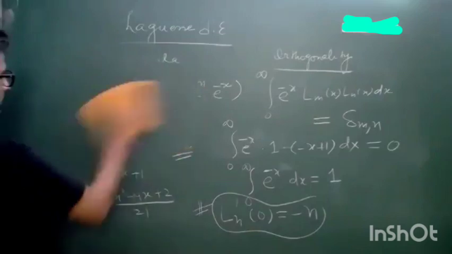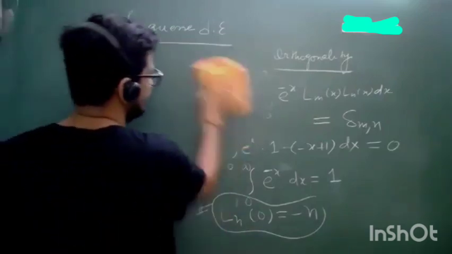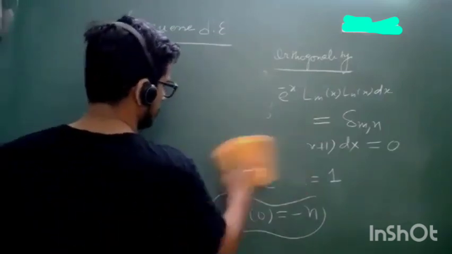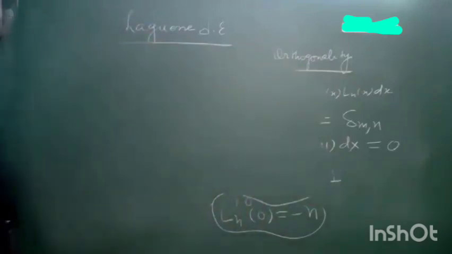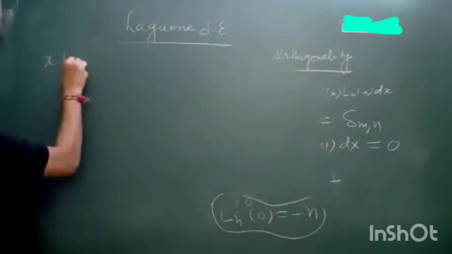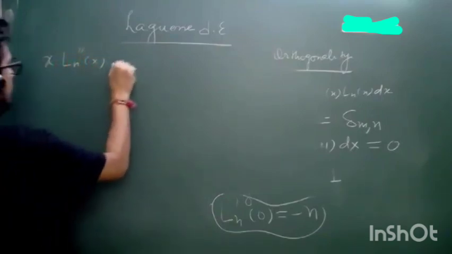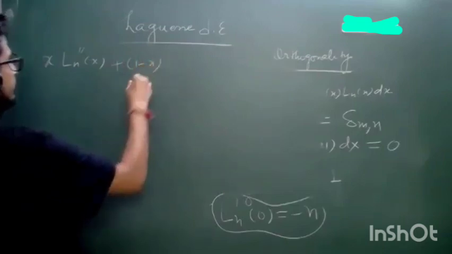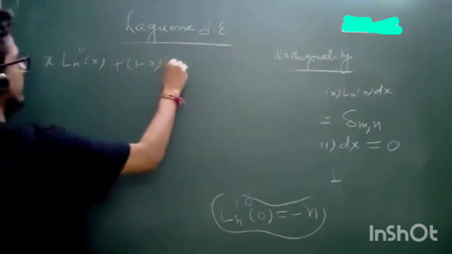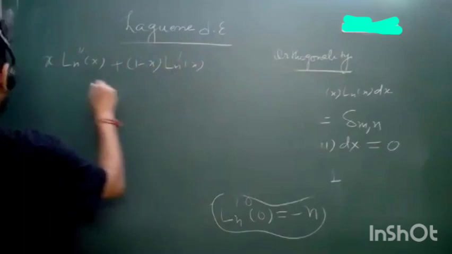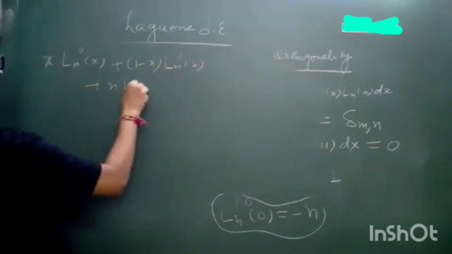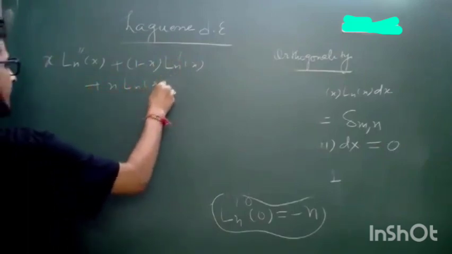So what is the Laguerre differential equation? x Ln double dash plus 1 minus x Ln dash plus n Ln is equal to 0.